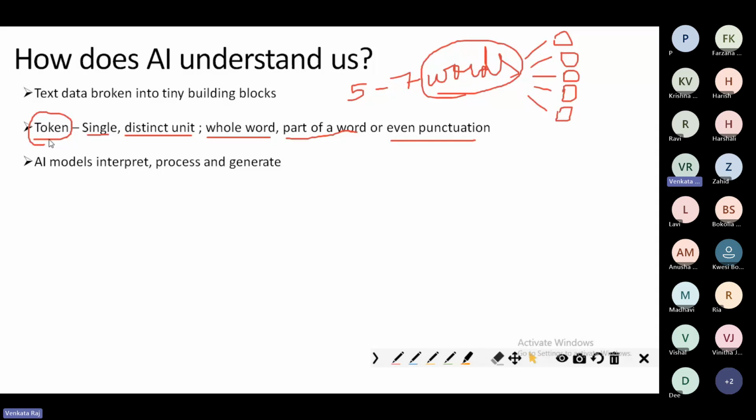First of all, your instruction or your task or your question will be broken down into tiny blocks, and the AI models are going to interpret each block one by one, and then process them. Based on that, they will be detecting the pattern, predicting the next word, and then they will generate basically. Understood?